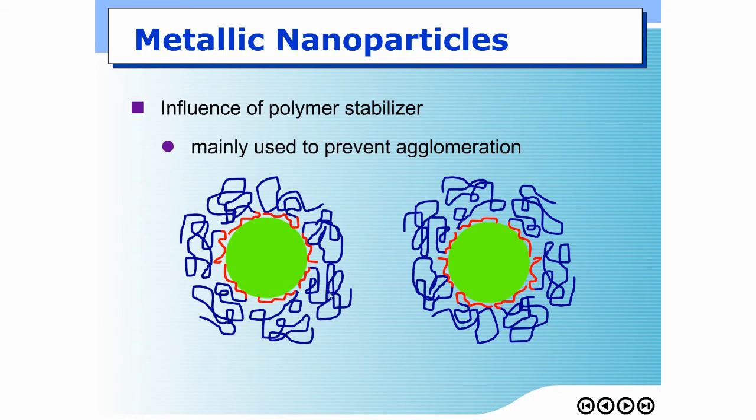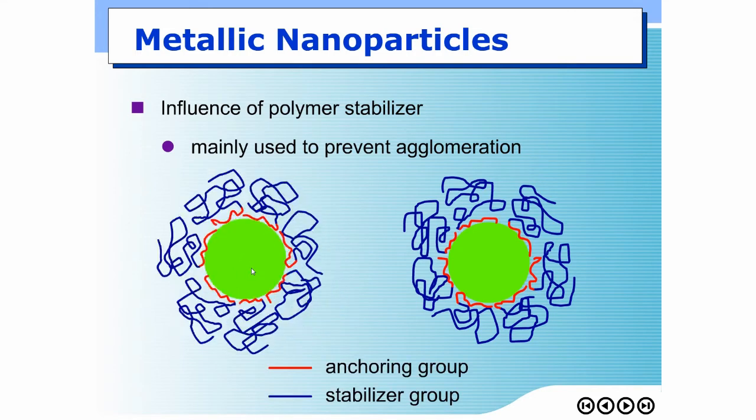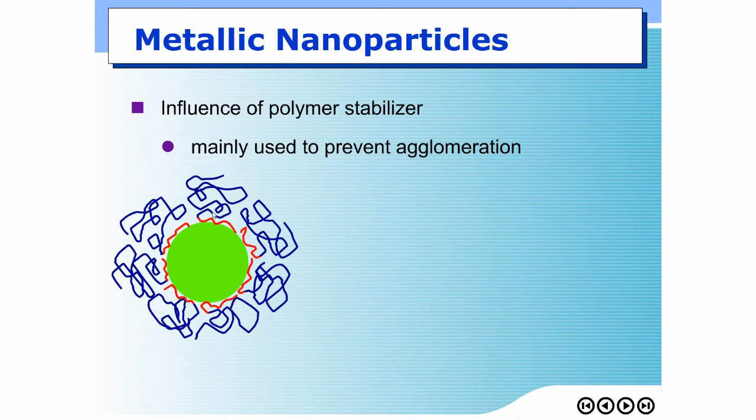In this polymer, the red part is what we call the anchoring group. It's the part where the polymer binds with particles. And the rest of the molecule is called the stabilizing group, which is used for steric effects.